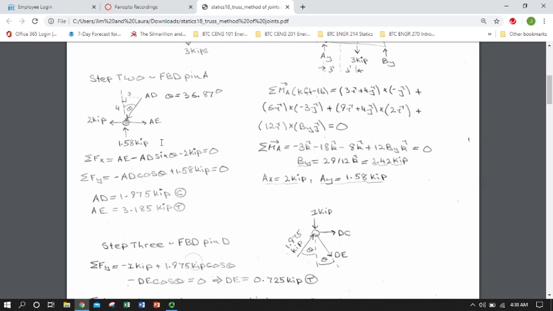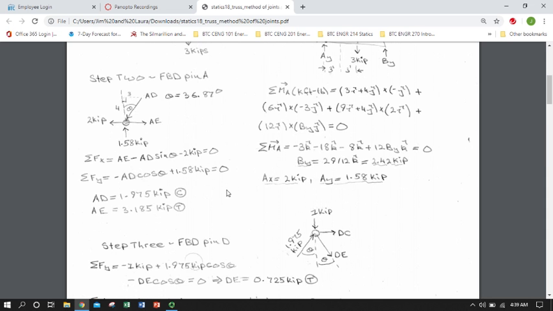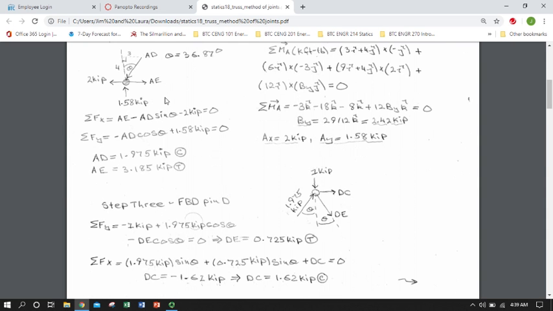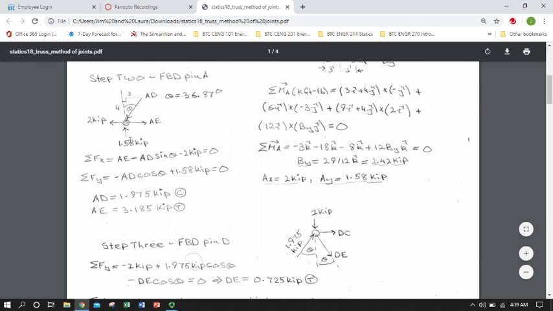Because the members are 2 force members, those forces are directed along the orientation of the members themselves. So I have this theta angle to the vertical for member A sub D as 36.87, which I got from this right triangle here. Trusses are full of right triangles, so that makes it a lot easier. All I have to do now is write the equations of equilibrium in the x and the y.